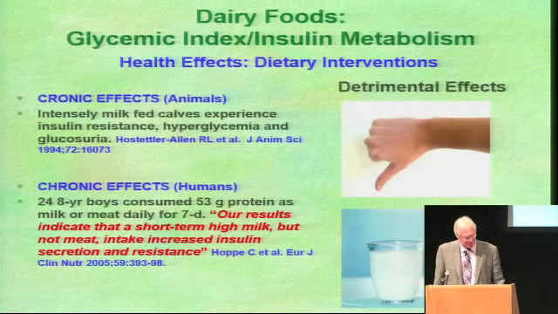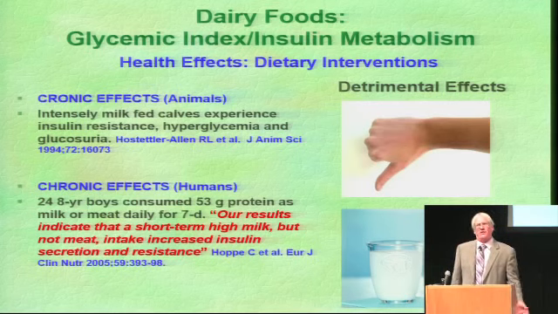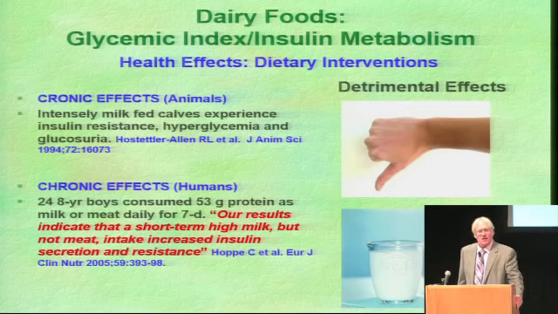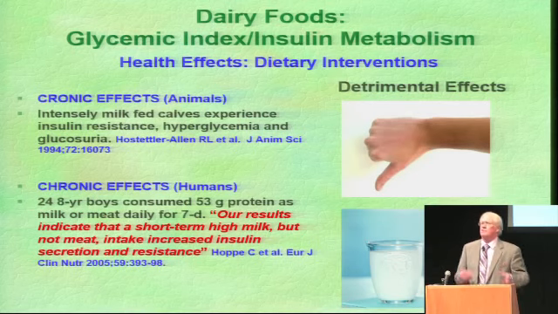So the question comes up: is that a detrimental effect? Some people have suggested that a low glycemic load and a high insulin response might be therapeutic. Animal models show that's not the case. If you ever go to an Italian restaurant and order veal, what is veal?